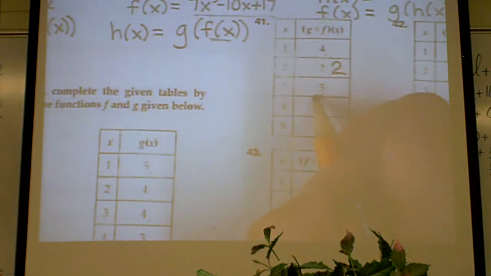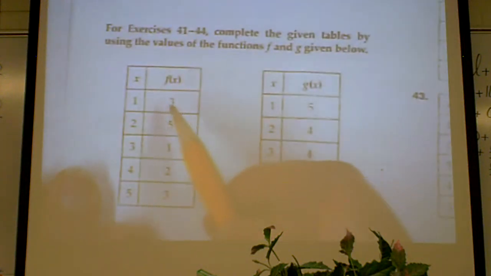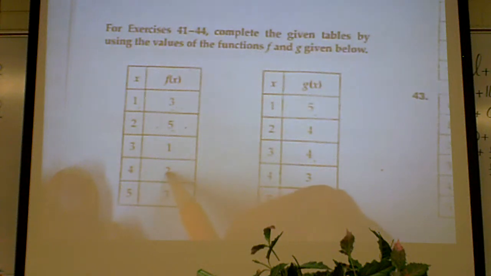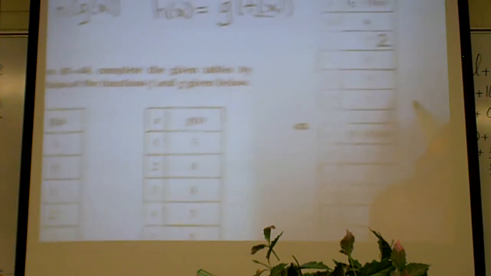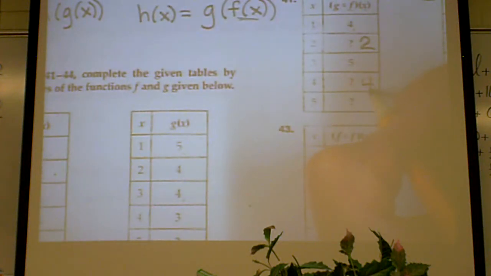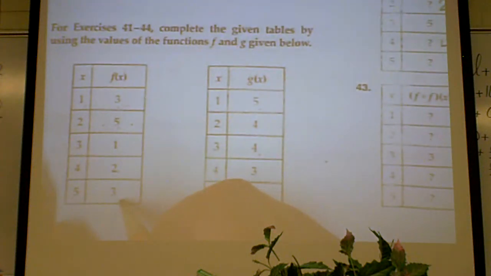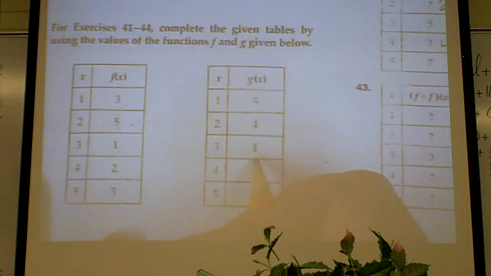They did the next one for you. How about 4? When you put 4 in the f function, what comes out? A 2. Then you take 2, and it becomes the input of the g function, and you get a 1. And the last one. 5 in the f function becomes a 3. 3 in the g function becomes a 4.